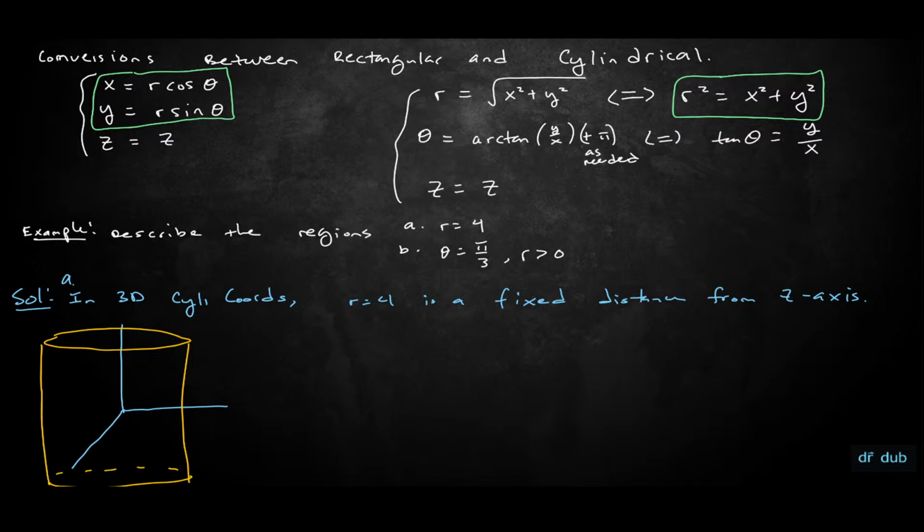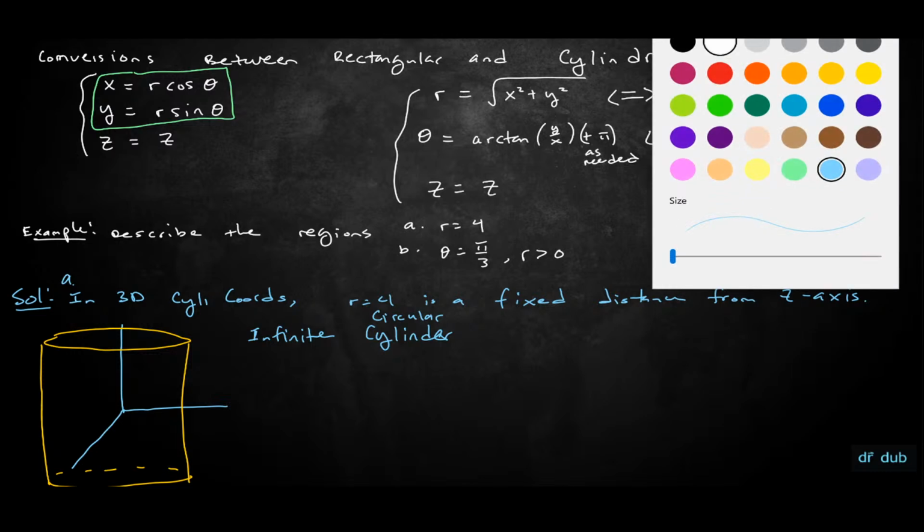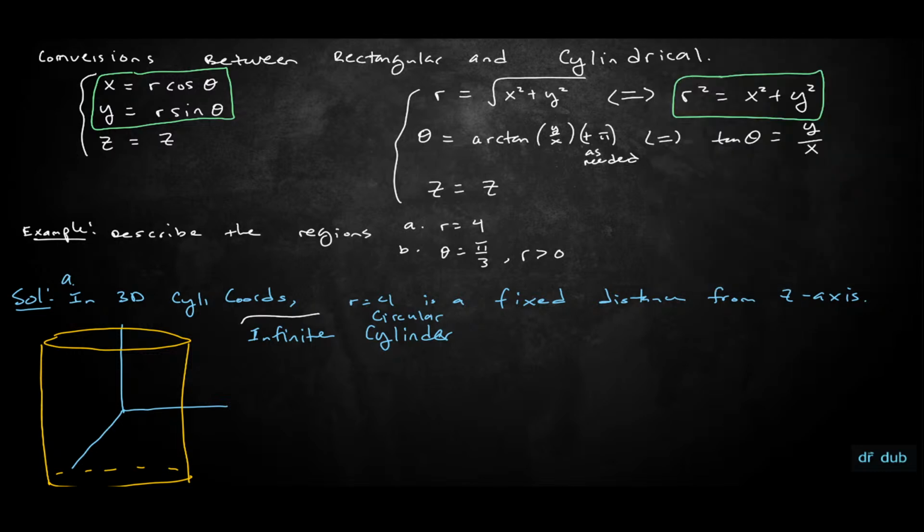So the answer for part A is this is an infinite cylinder wall, an infinite circular cylinder. So that's what r equals 4 represents in cylindrical coordinates.